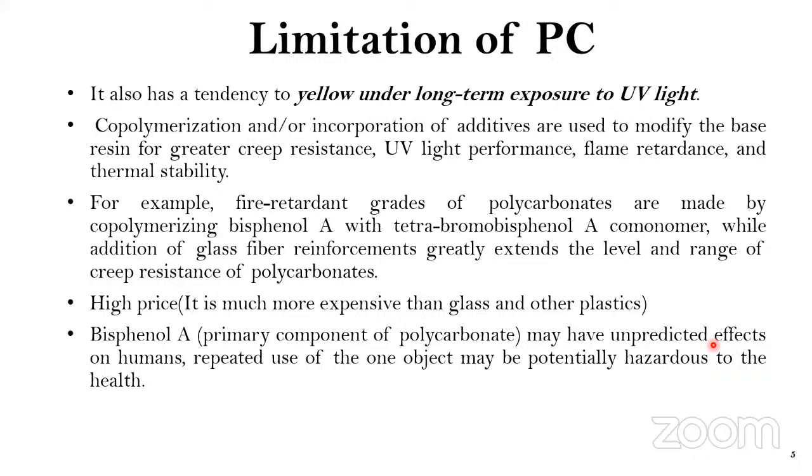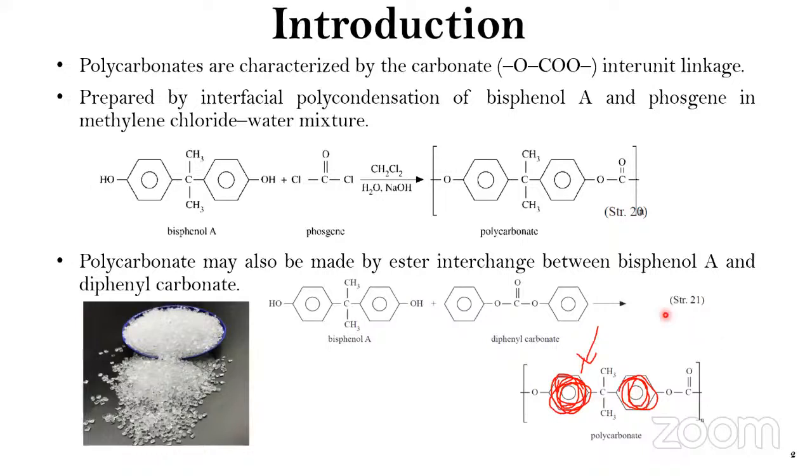But if there are some advantages, there might be some disadvantages also. So what can be the limitation of polycarbonate? Again, as I told you, it has these two benzene rings, one is this, another one is this.